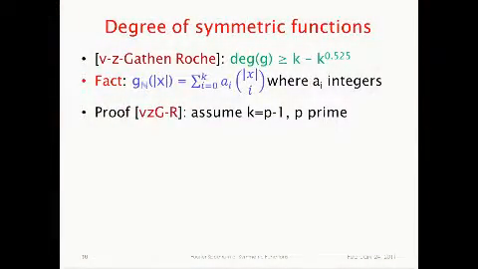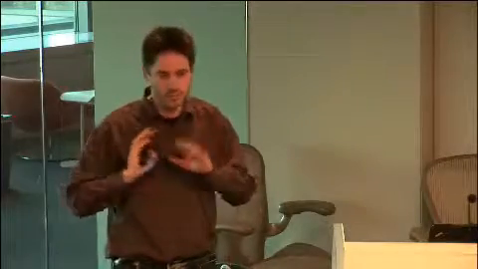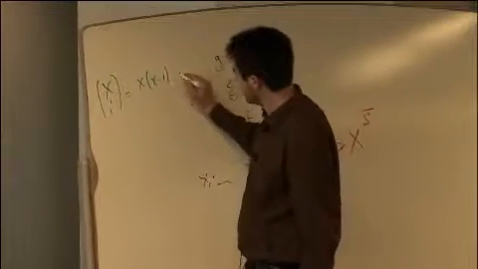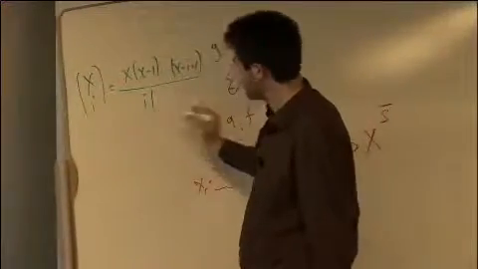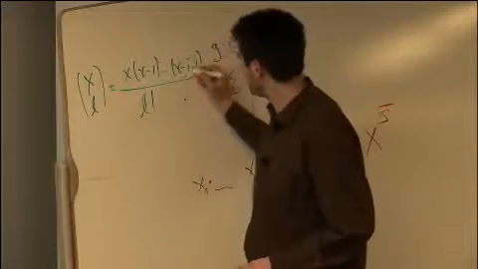So here's a fact. The fact says the following. If you have a polynomial over the integers, from integers to integers, never mind whether it came from a symmetric function or just a polynomial, you can represent it in this basis. Let me write what the basis is. When I say x choose i, I mean the polynomial x times (x minus 1) times ... times (x minus i plus 1), divided by i factorial.